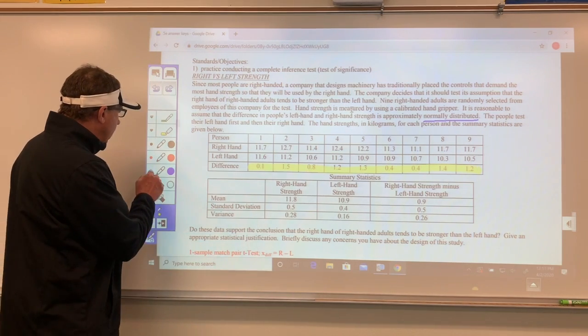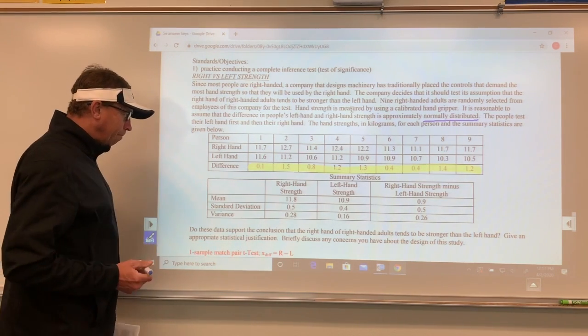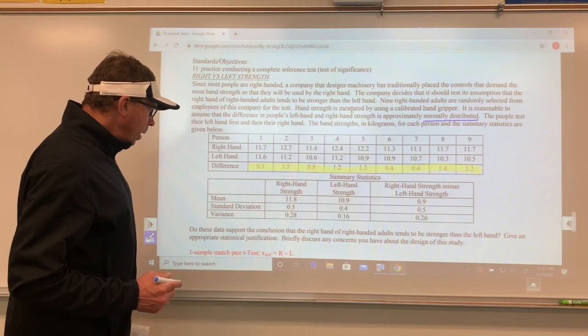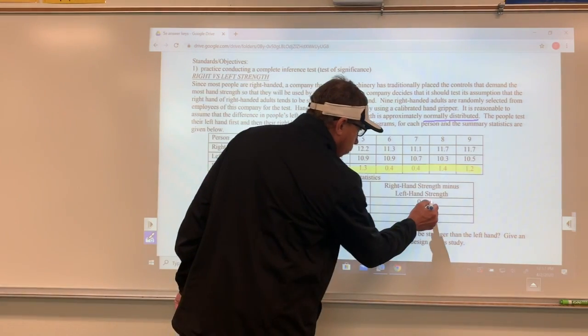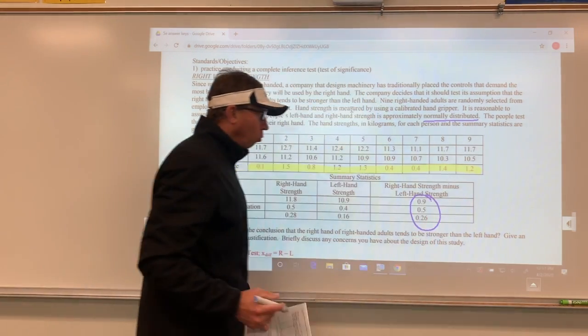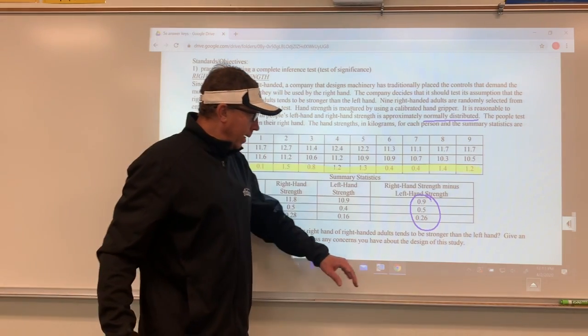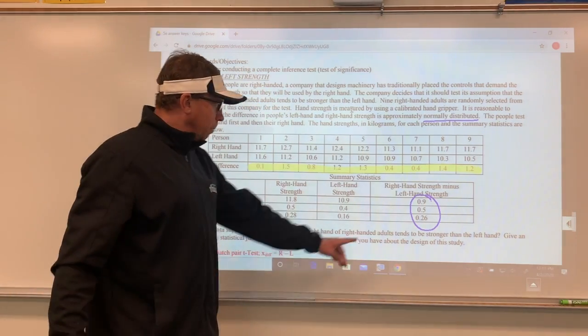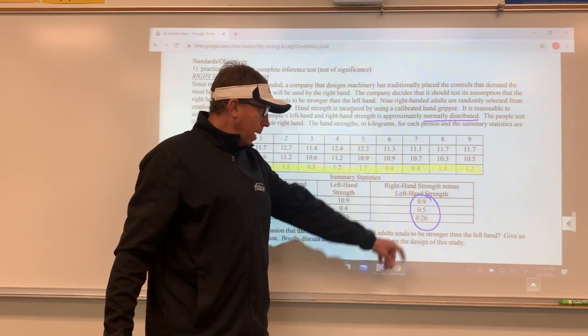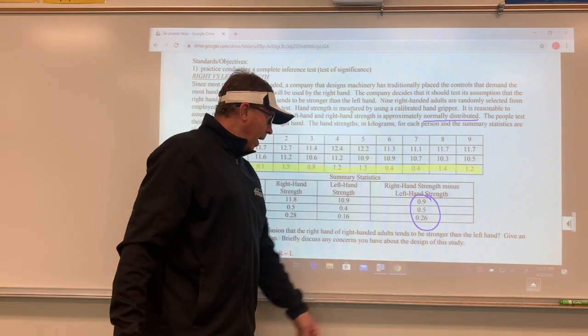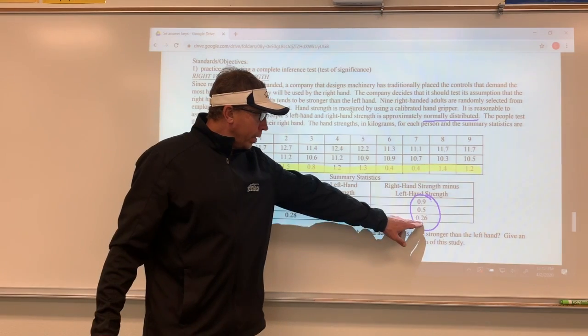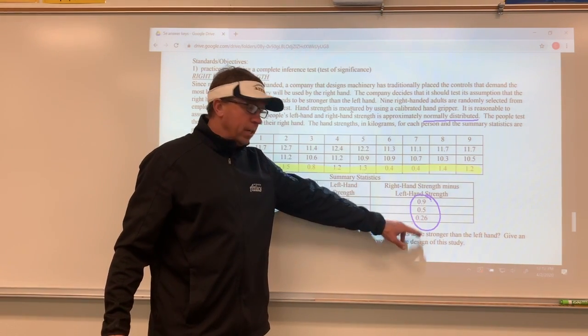And luckily for us, in this particular case, this is what we're interested in: right hand minus left hand. So the difference is 0.9, the standard deviation is 0.5, and the variance we really don't need. That's just the square of the standard deviation.